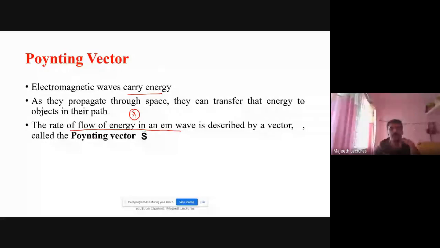Right? So the rate of flow of energy in an EM wave is described by Poynting vector S. The symbol for Poynting vector is S. So it indicates the energy flow or power flow in an EM wave. Let us see how it has described everything.